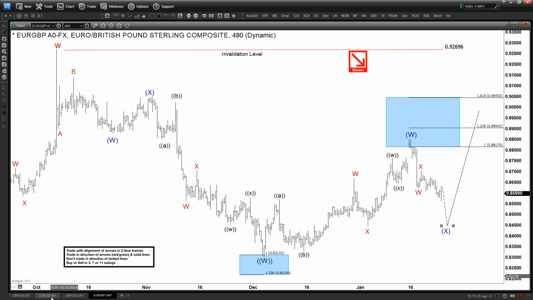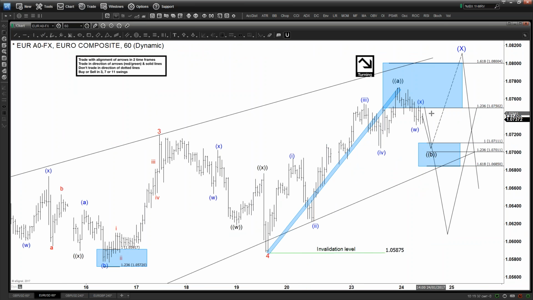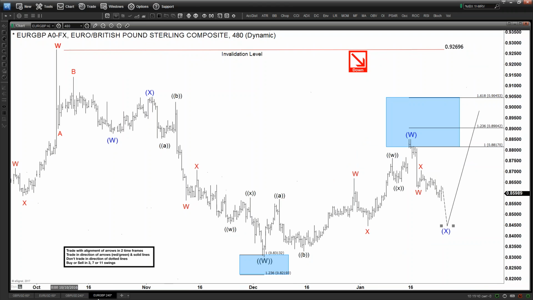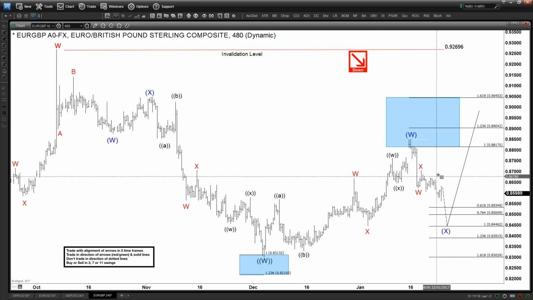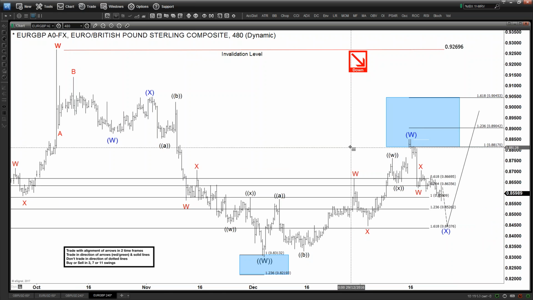That's why it's important that when we get this push up in the pound, the euro could go sideways, maybe make a marginal new high, like we're showing over here, but certainly you need to be aware of that. And that's why the euro pound is going to drop, which has opened another extension lower with the break of this low, and can drop all the way down to this area around the 84.73 region.